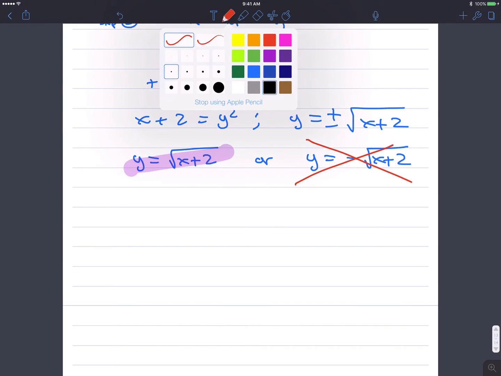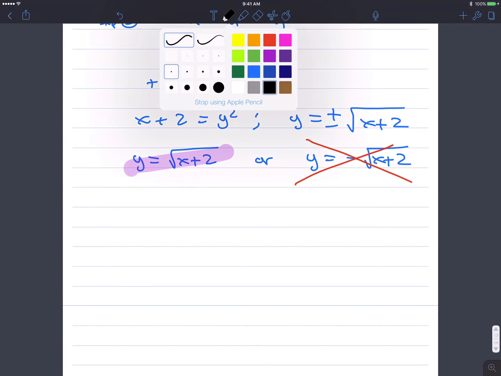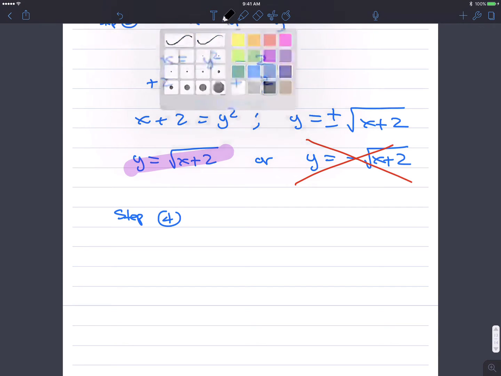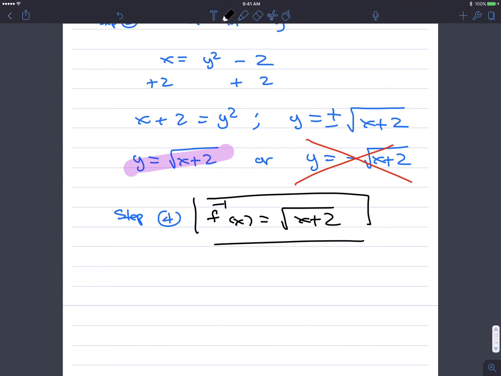So, step number 4, the last step, is our answer step. Replace y with your inverse. This is how you find inverse functions. Remember how that worked in reverse last time? Look, our apples became apple juice.